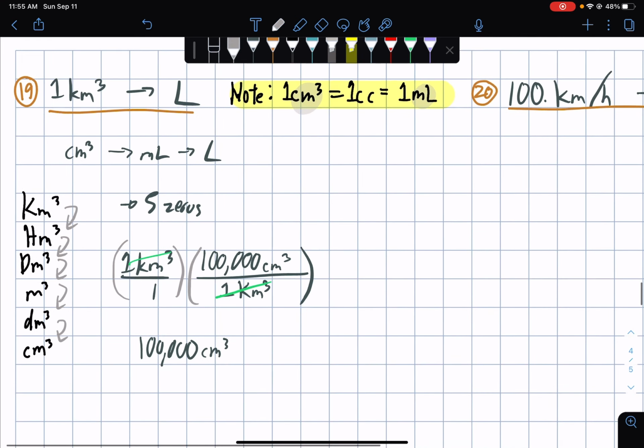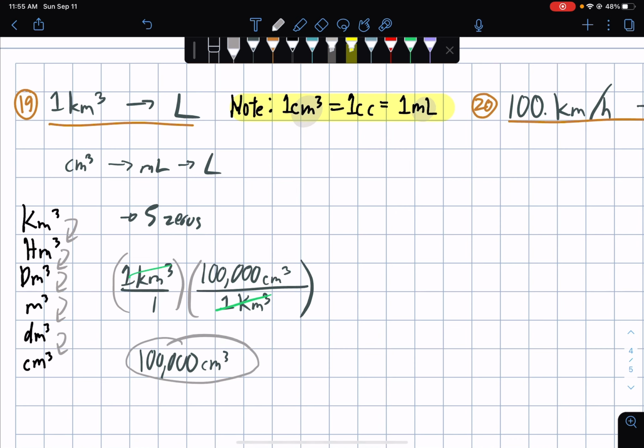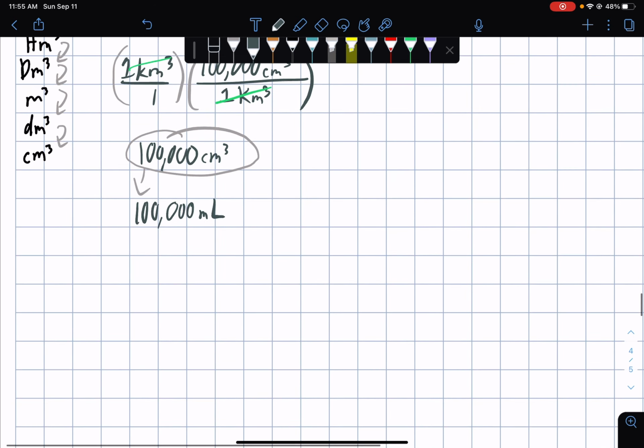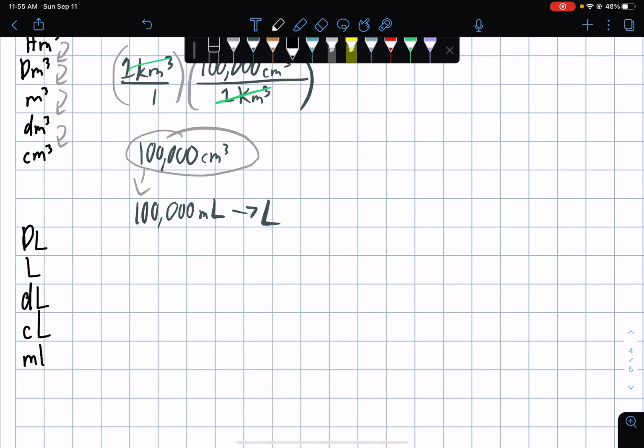So cancel those values, we get 100,000 cm cube. Now that we have the cm cube, we convert it to ml. So this is also equal to 100,000 ml. So this time we convert it to liters. So from deciliter, liter, deciliter, centiliter, milliliter.